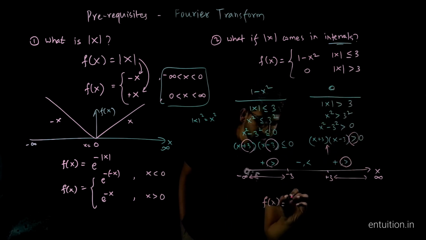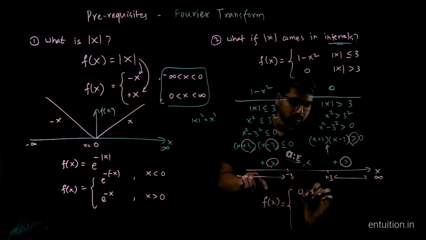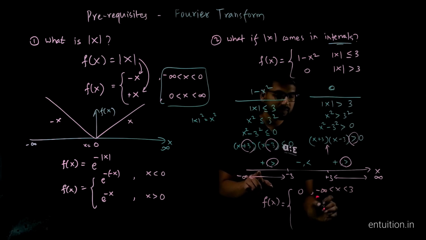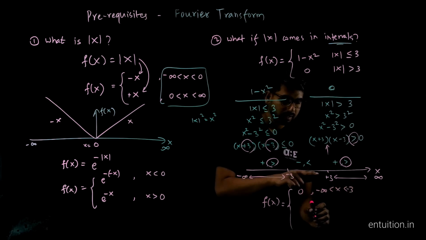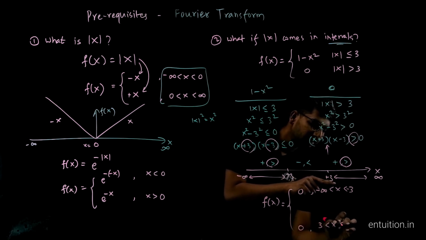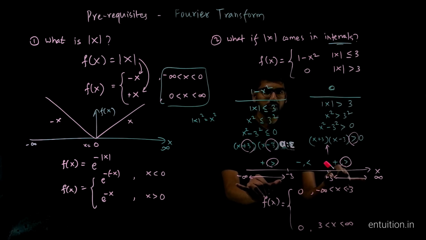f of x will be 0 for minus infinity less than x less than minus 3, right? And it will be 0 for 3 less than x less than infinity. So these two intervals are covered.